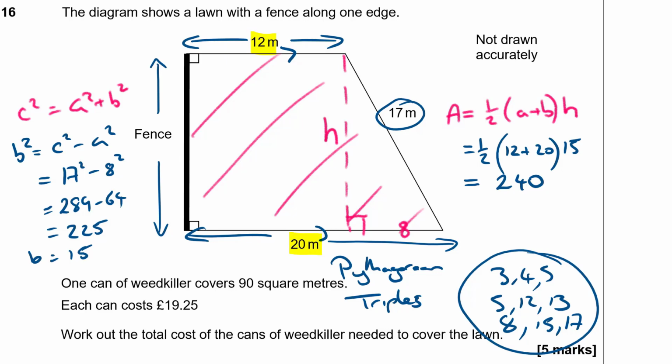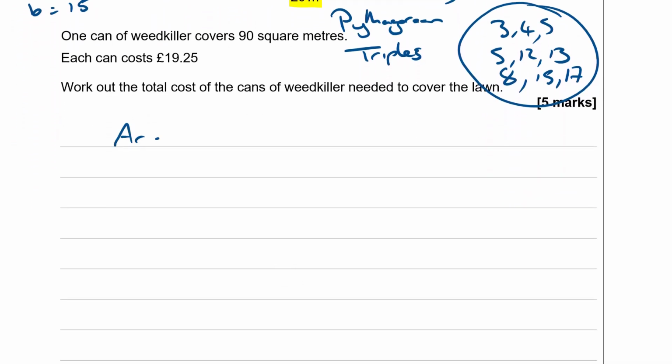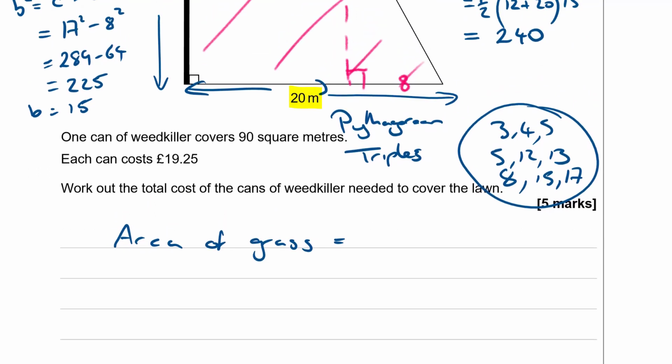Okay, so the area of grass that we need to treat, we've just worked out, is a half, 12 plus 20, lots of 15, which was 240 square meters.